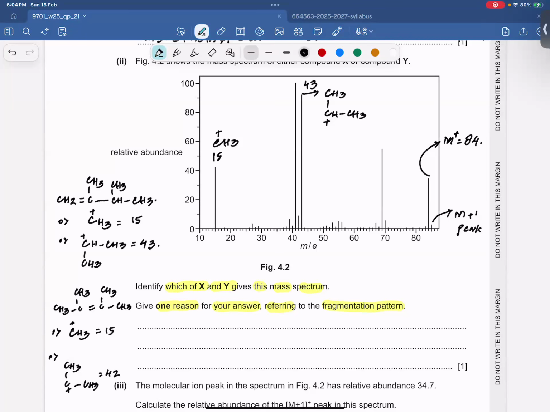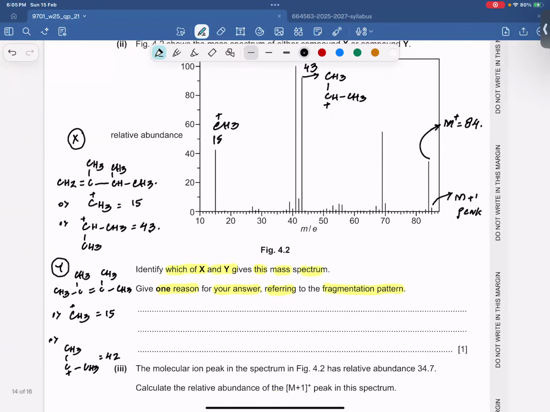Okay. So this is compound X, and this is compound Y. So compound X gives you the 43 peak, which does not exist in compound Y. Hold on. Let me give you another fragment. 15 plus 13 is going to be 28. No. Okay.